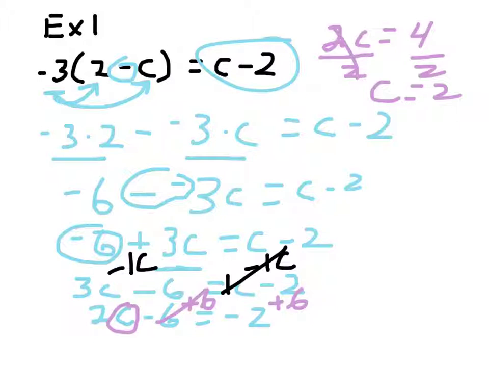We can go back to the original equation and see if it satisfies the equation. If I put 2 in for c, 2 minus 2 is 0, and 0 times a negative 3 is 0 on the left side. On the right side, 2 minus 2 is 0, so it checks.